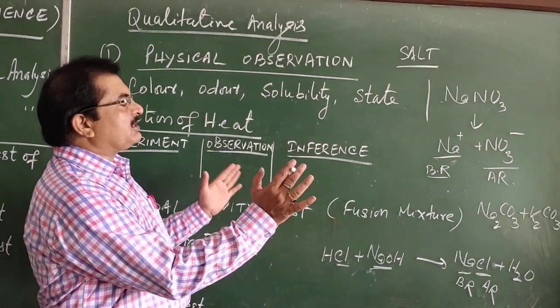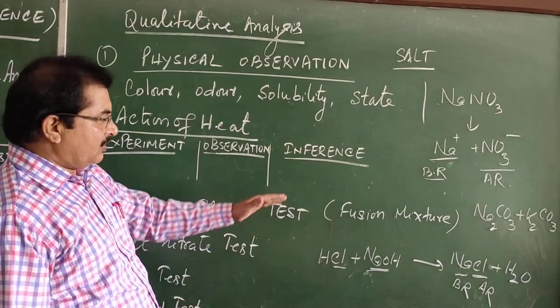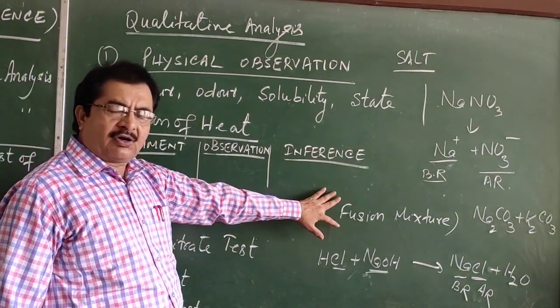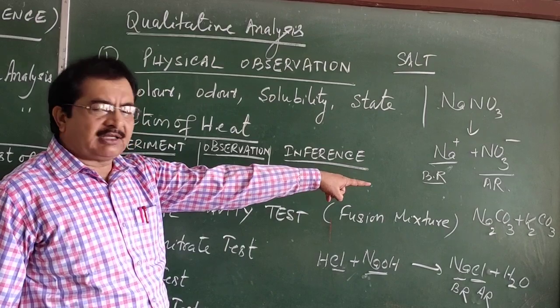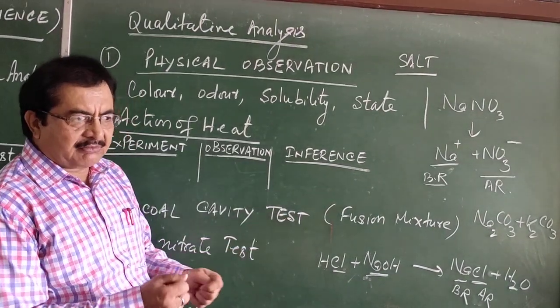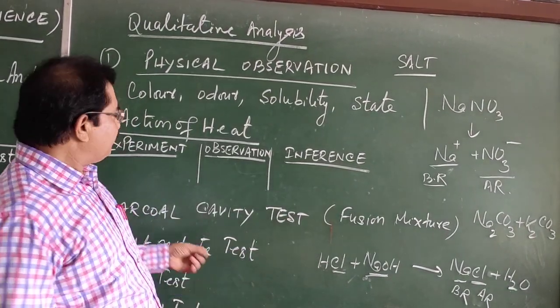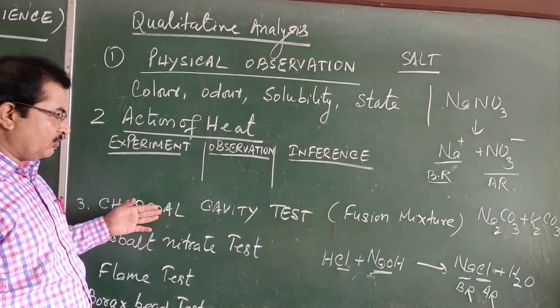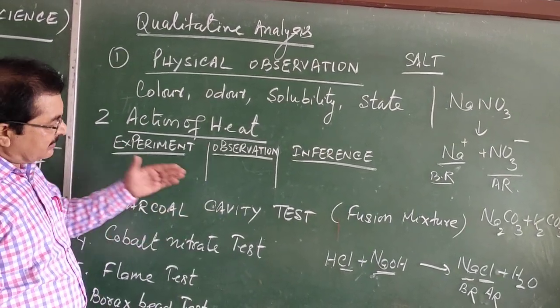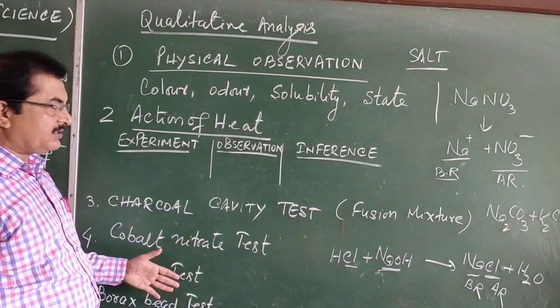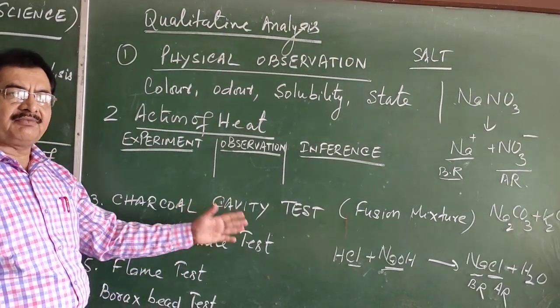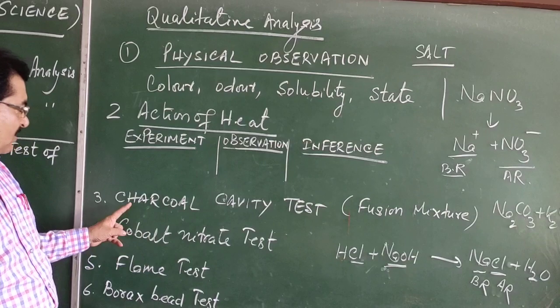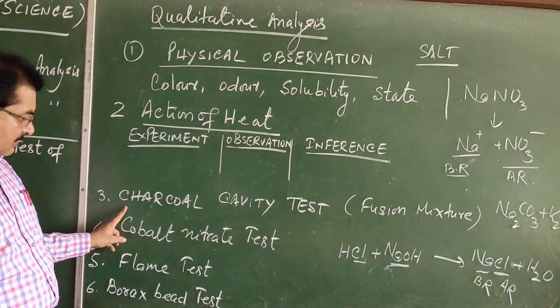When mixing the fusion mixture and salt, we take one part salt and 3 parts fusion mixture, and nicely make a dust or paste, and put that into the cavity of the charcoal. Through the blow pipe we put the flame and check the observation, and finally we get the inference.